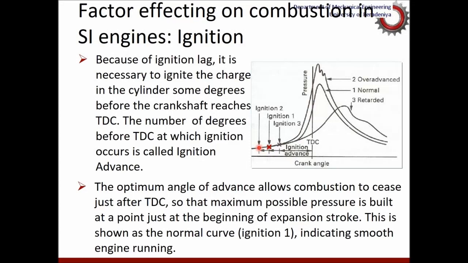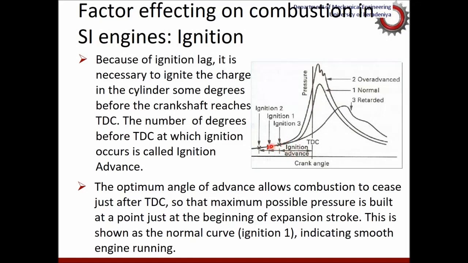That means you ignite the gases a little earlier than ignition point 1. Number 3 represents the ignition a little later than number 1, so that we call a retarded timing.